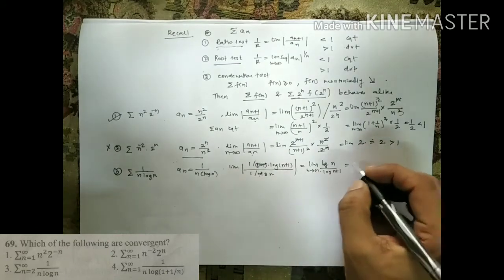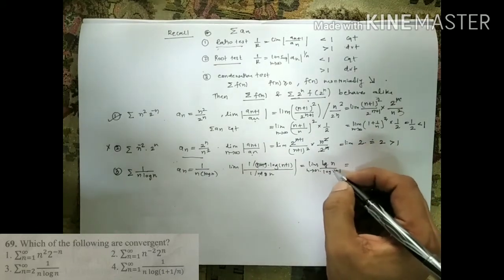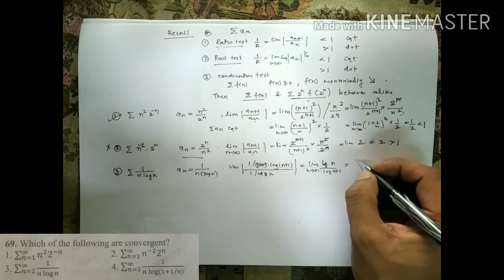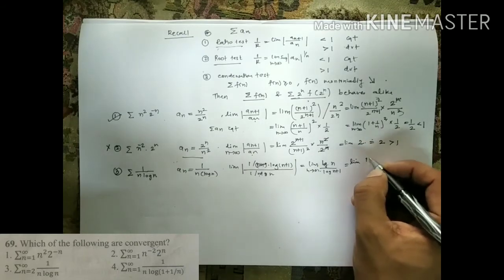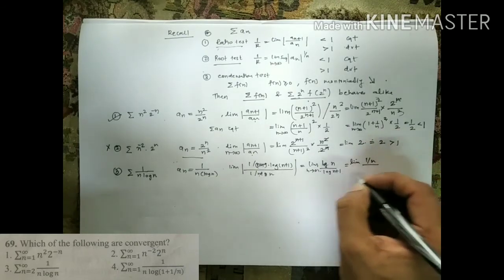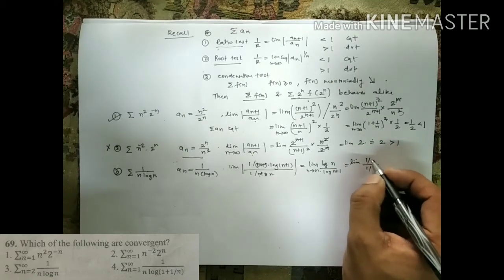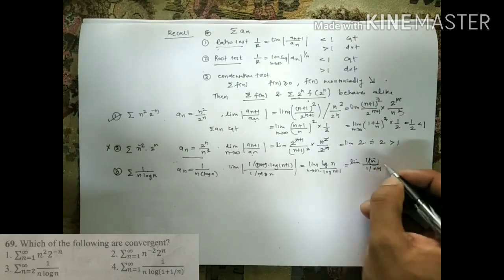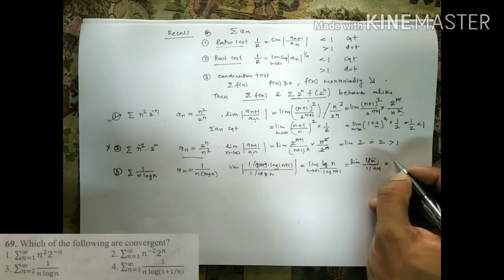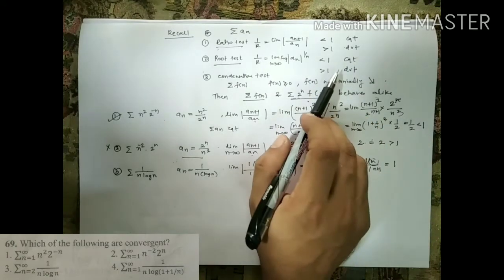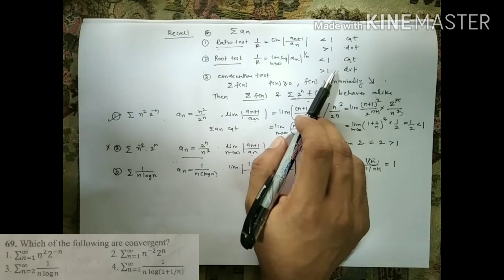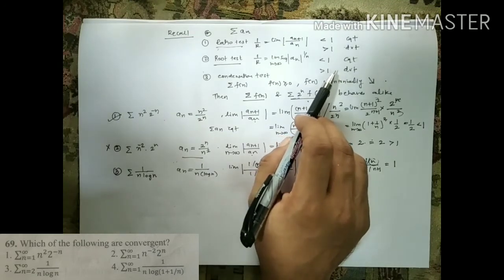So what we'll do, we will apply L'Hospital rule. So it will become limit (1 by n) upon (1 by n+1). If you look at this term, this n and n+1 have the same degree, so it will cancel in a way, and the answer will be 1. But whenever my answer is 1, we cannot conclude anything. Okay, so we have to look for another option.